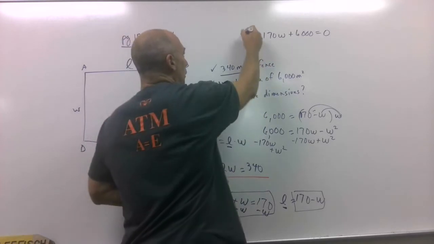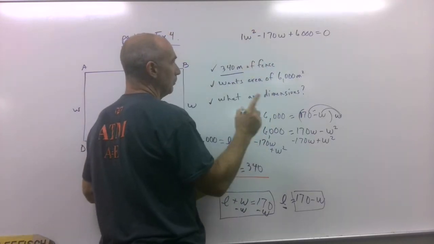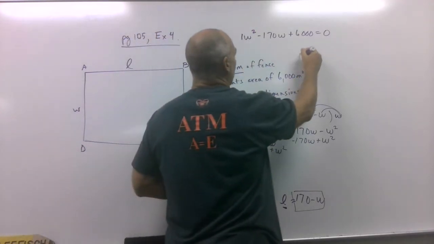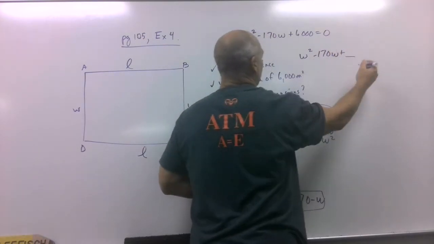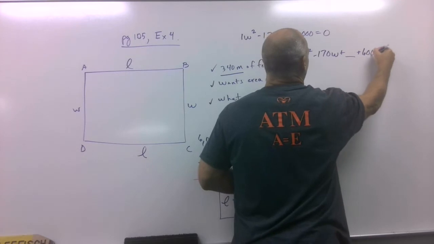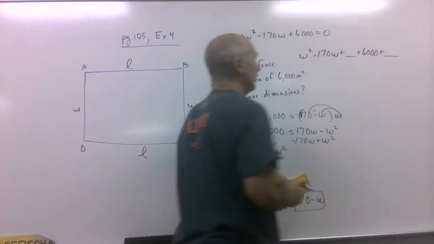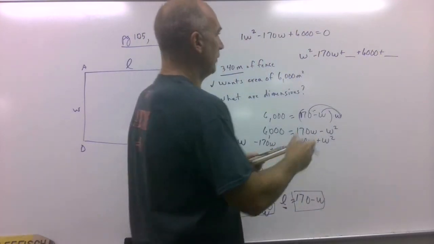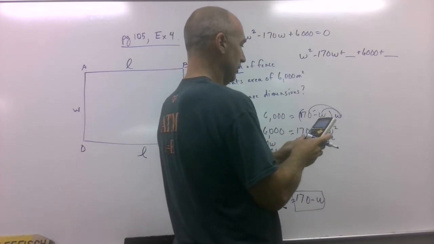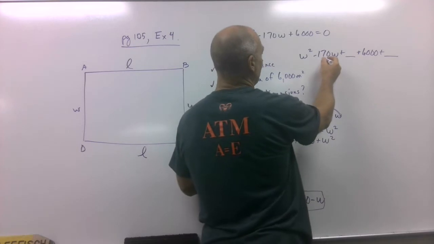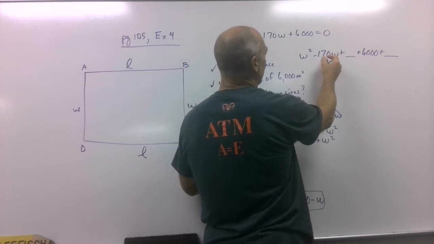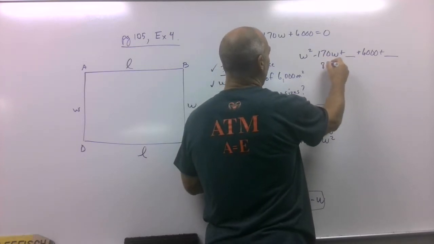So this is a 1. You like that. We're going to complete the square here. So W squared minus 170W plus space plus 6,000 plus space. Now, half of 170 would be 50 plus 35, that'd be 85.